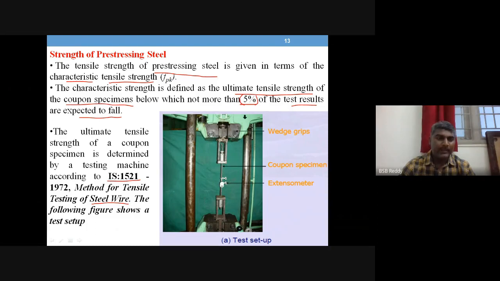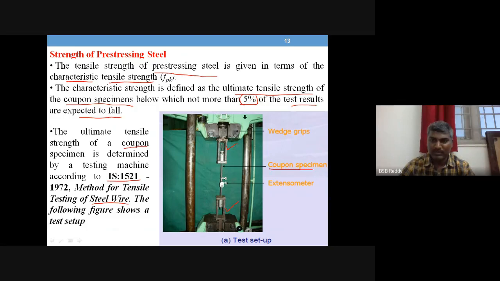To test the tensile strength of wire, we use a specimen called a coupon specimen in the testing machine, and this is the test setup. As I said, it is very similar to the UTM, but you don't find such holding cups, wedge grips in the UTM.